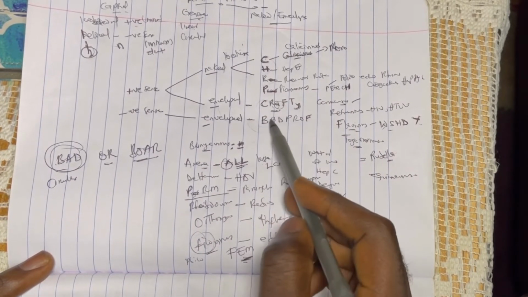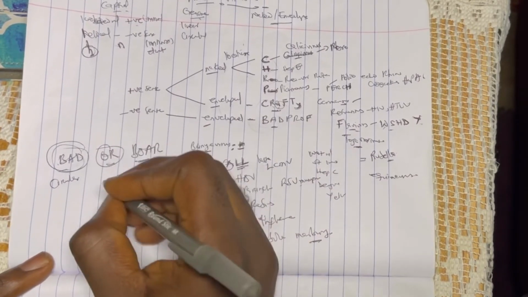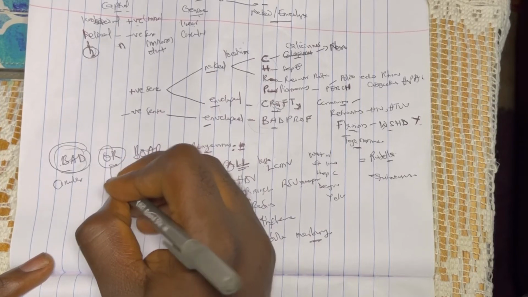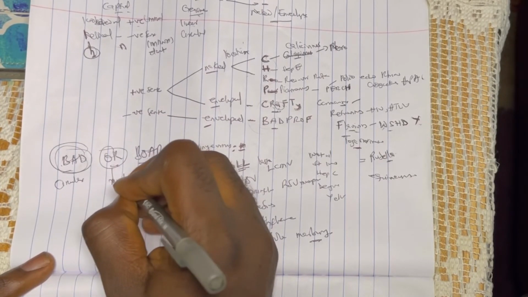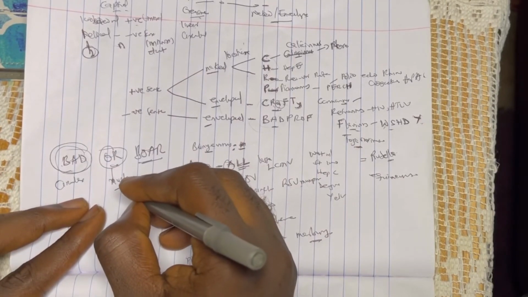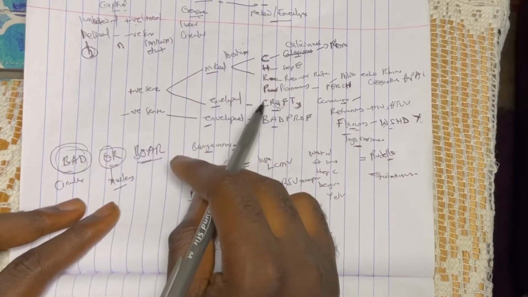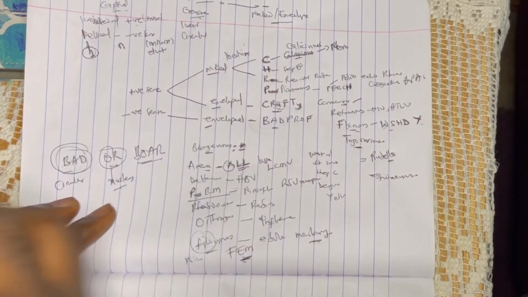So Bunya, RNA, Delta viruses, they are circular. Now the OFF is the viruses that replicate in the nucleus.